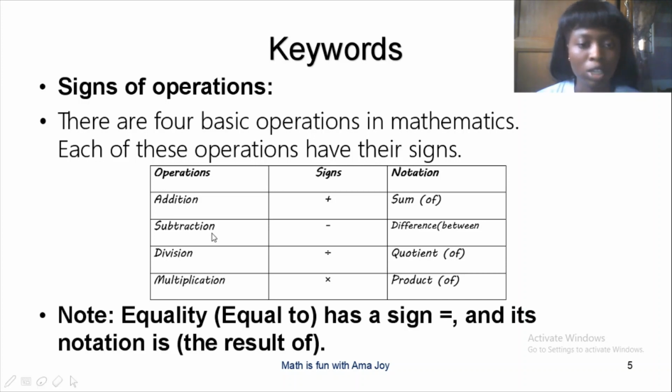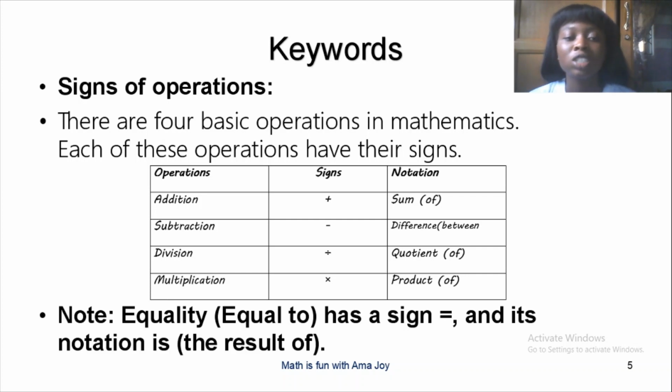We come to subtraction, the minus sign, which is the difference between. Then division, which is the division sign. We say the quotient of. Then we have multiplication, which is the times sign. That is the product of. Then one more thing we'll have to note here is the sign of equality, the equal to sign.